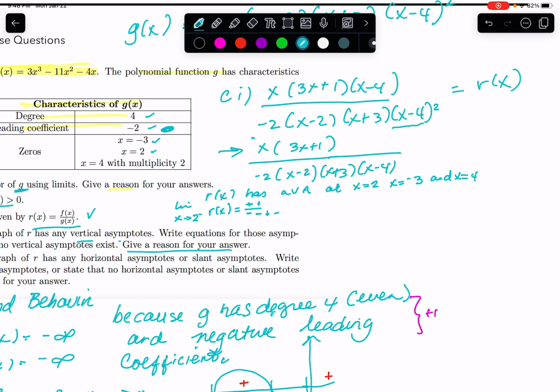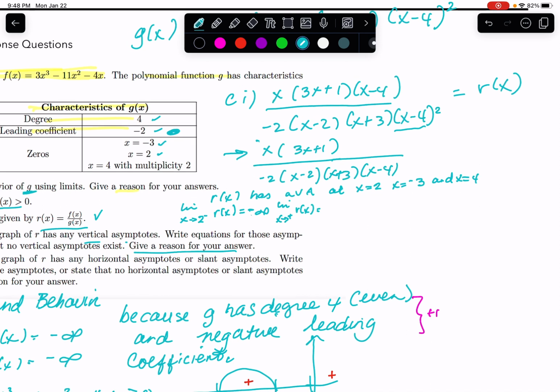So the limit as x goes to 2 from the left of r of x is negative infinity, and the limit as x goes to 2 from the right of r of x comes out to be positive infinity.